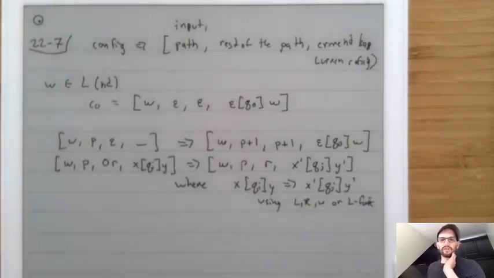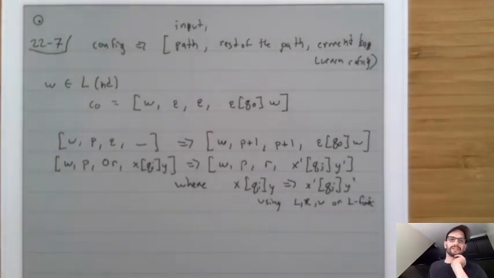So we can only use those 4 rules. We can go left, we can go right, we can do blank, or we can use the left fork rule.